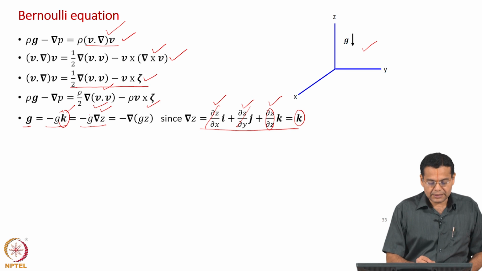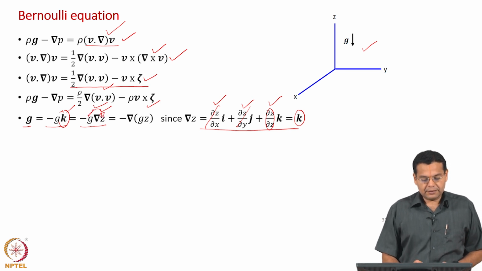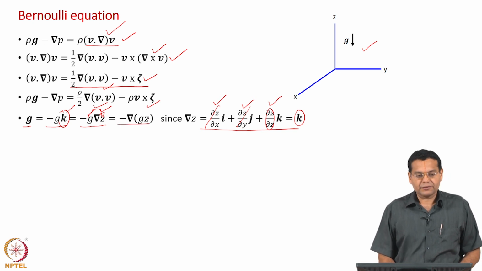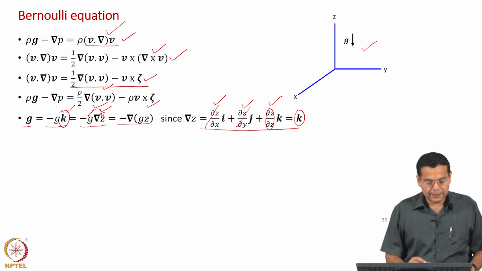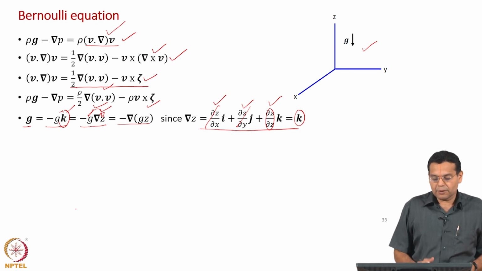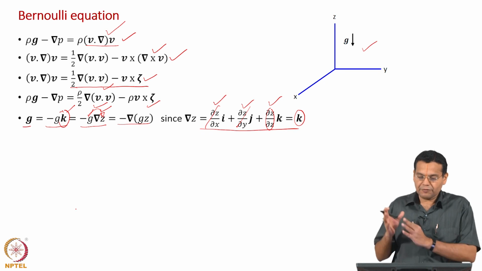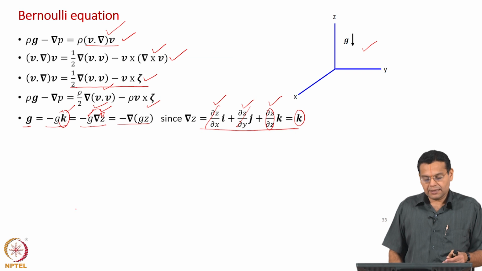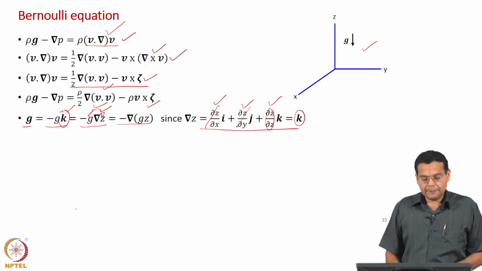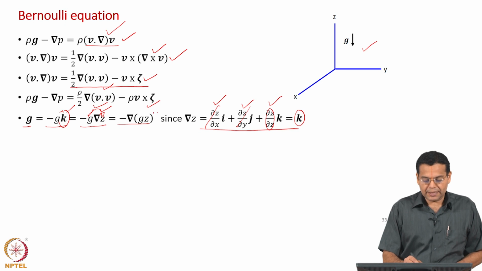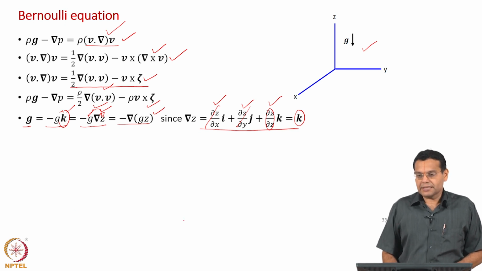Now g is a constant, you can bring it inside the gradient operator, and so I write minus gradient of g z. Let me quickly repeat. What we are doing here is expressing the g vector in terms of the gradient of some variable. The g vector is minus g k vector, k is gradient of z, g is a constant you can bring inside, so it becomes minus gradient of g z.